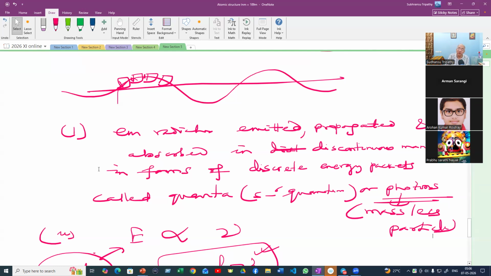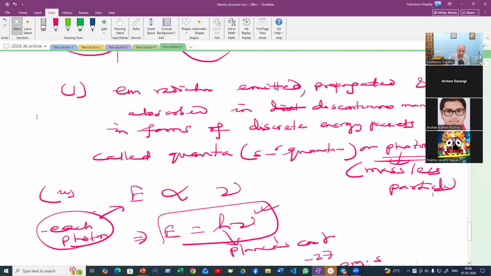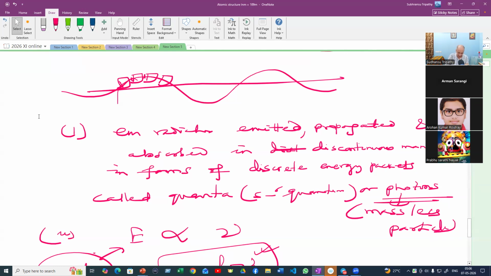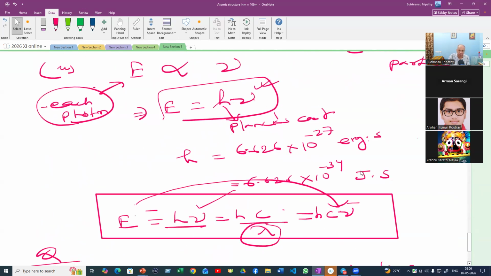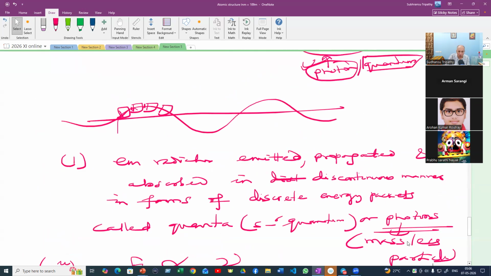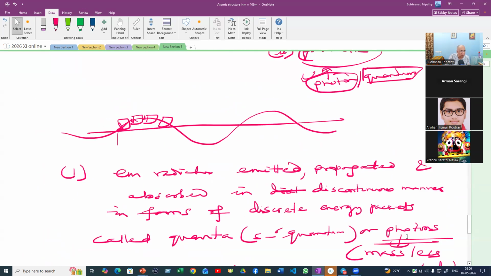I do not want to put you under any sort of heaviness at this moment. But with time, you will find that I will be unraveling the mysteries of all these things more and more. So photon has a rest mass equal to 0, but it is a form of an energy particle. It is moving in wave, no doubt.